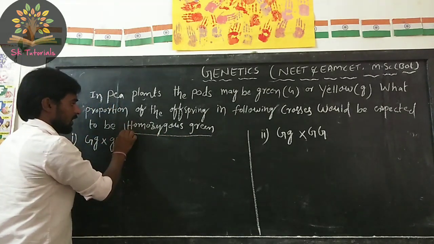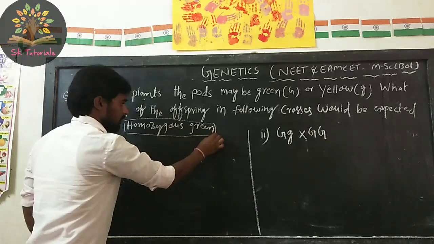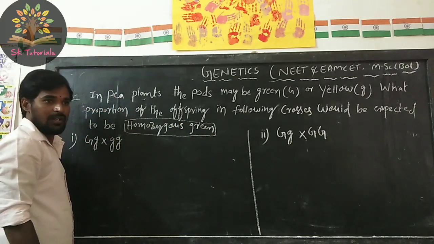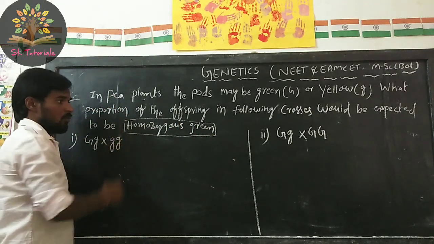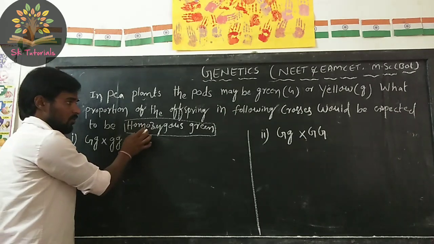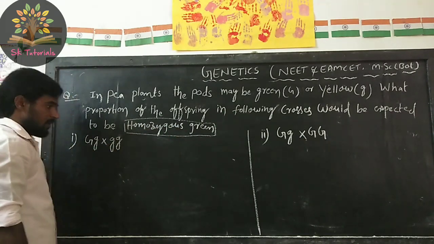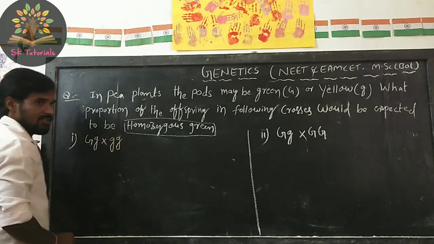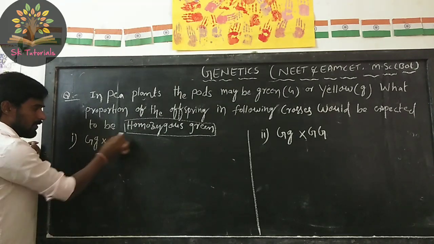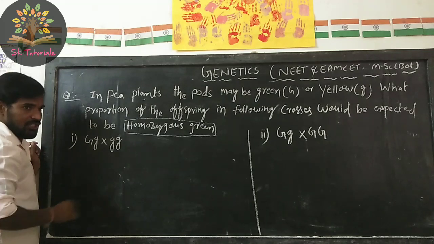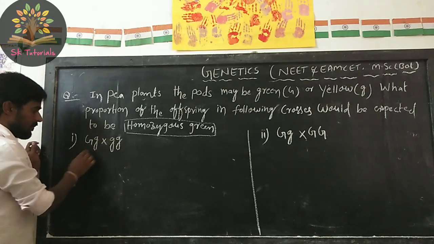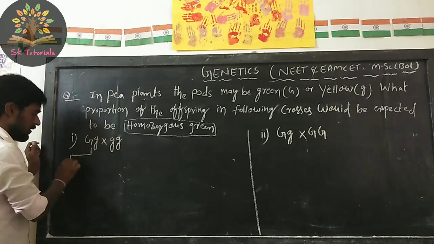We have to concentrate on this term. What do they ask here? Homozygous green. We have to find out the homozygous green in the following crosses. So the crosses are the same, but what to find out is different.